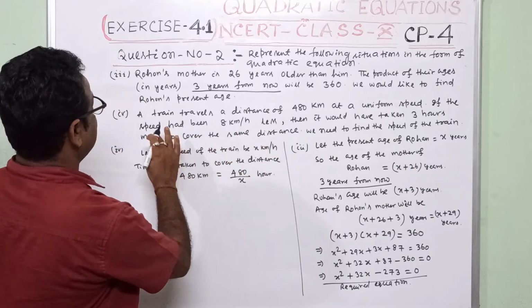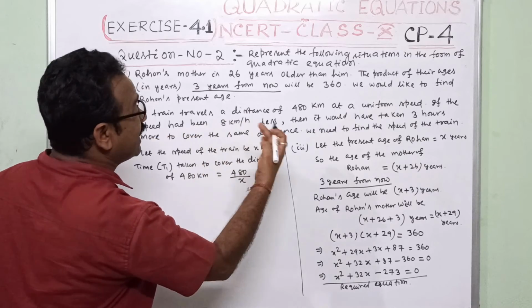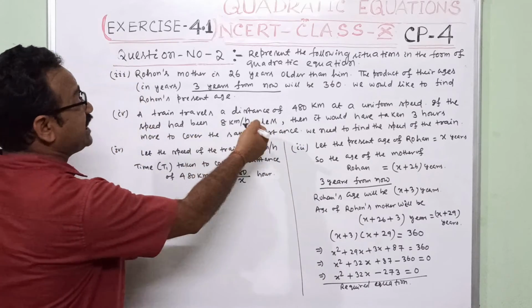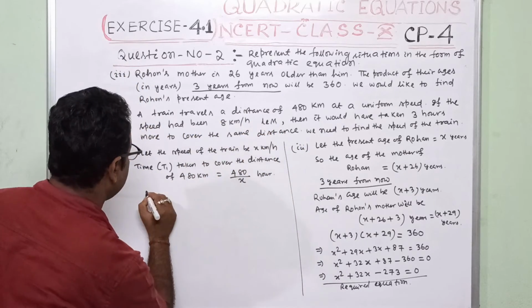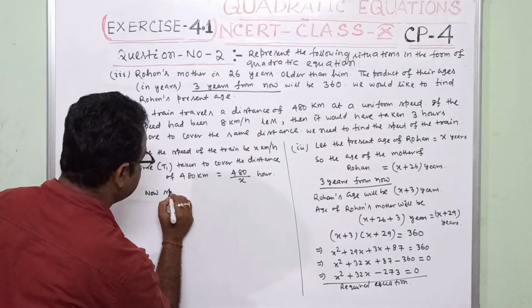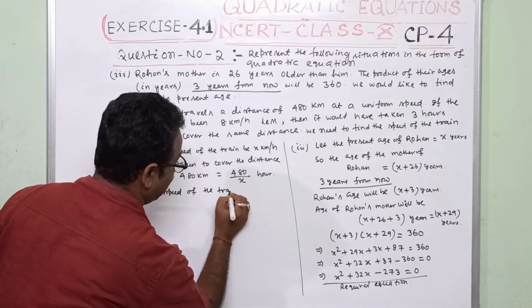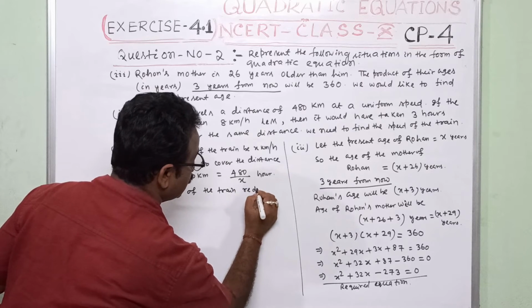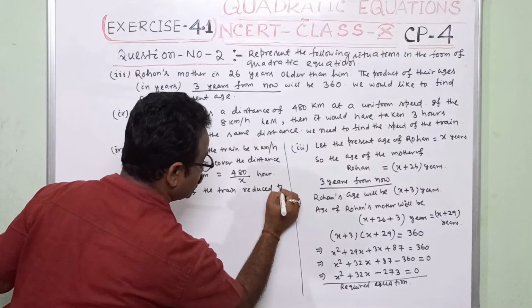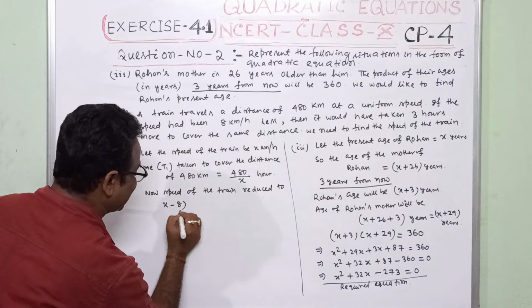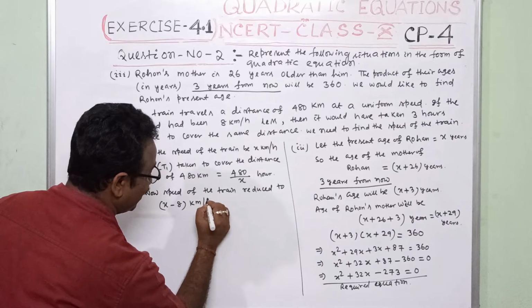Now speed had been less by how much? 8 km per hour. So now the speed of the train is reduced to x minus 8 km per hour.